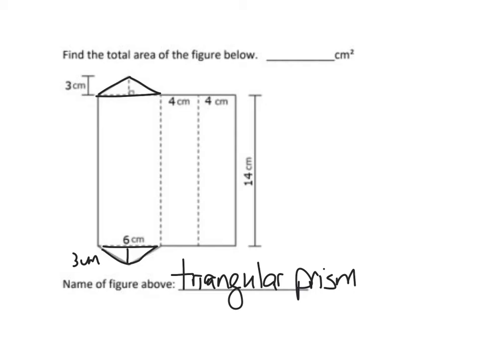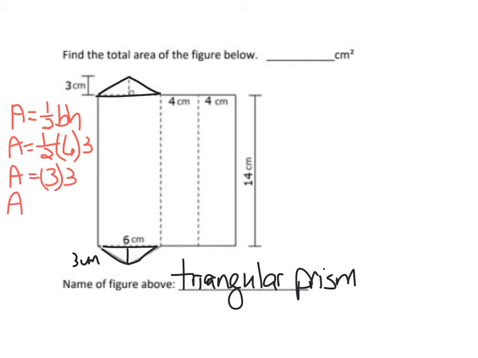So we're going to go ahead and do area equals half of base times height. The base is 6, and the height is 3. So I'm going to do half of 6, which is 3, and 3 times 3 is 9. So that means each of these are 9.